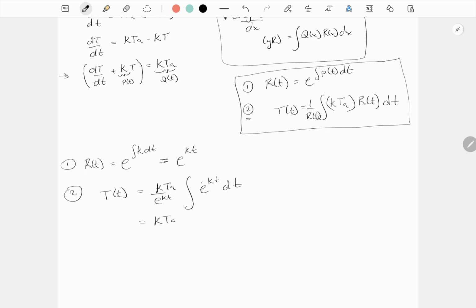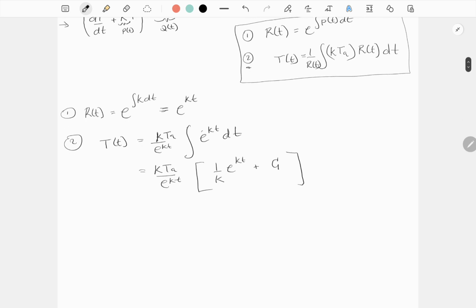So k Ta over e to the kt. The integral of e to the kt is 1 over k e to the kt plus some constant that we don't know. Okay, if we multiply through, we're basically left with Ta plus c k Ta over e to the kt, or e to the negative kt.